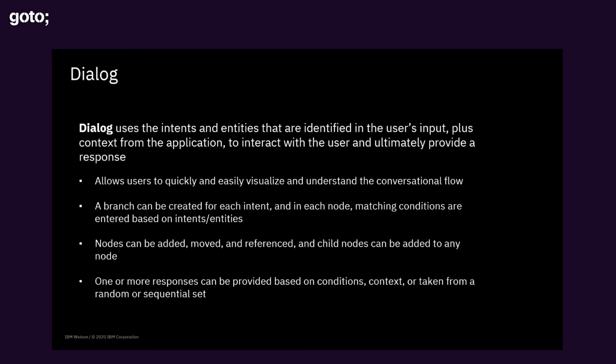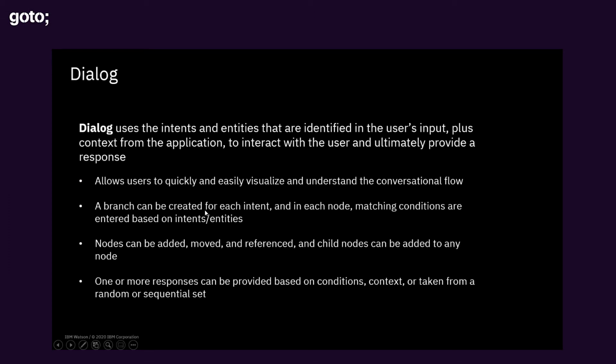If we take a look at the dialogue, this is how you plan out the conversational flow that you would like to have with your end users. It uses the intents and entities identified in the user's input, plus context from the application. Is it a mobile app? Is it a web app, and so forth? That way it interacts with the user with the aim of providing a response. This allows users to quickly and easily analyze and understand the conversational flow.